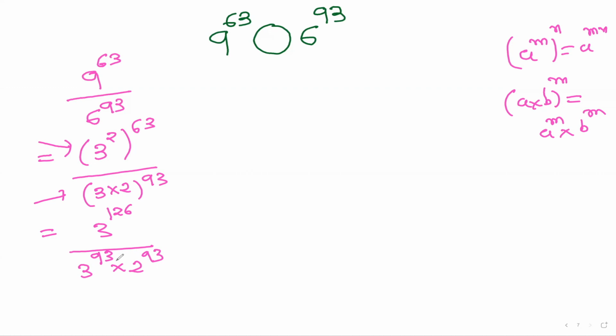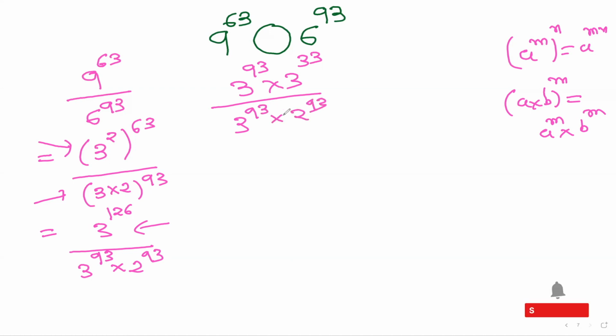Now, let us say the top bit I split like 3 power 93 times 3 power, let us say, 126 minus 93. So that is going to be 33. And the denominator, I'm going to keep the same.